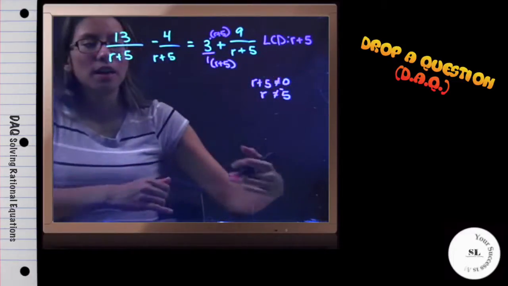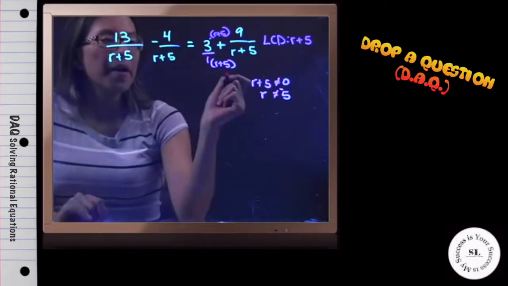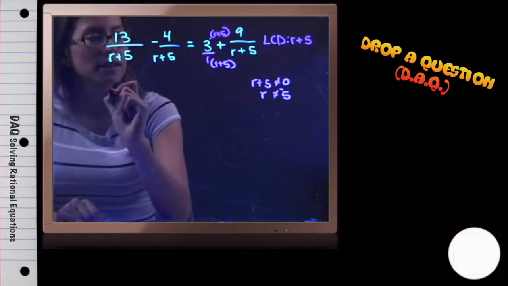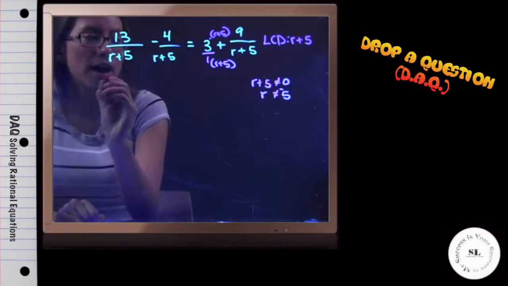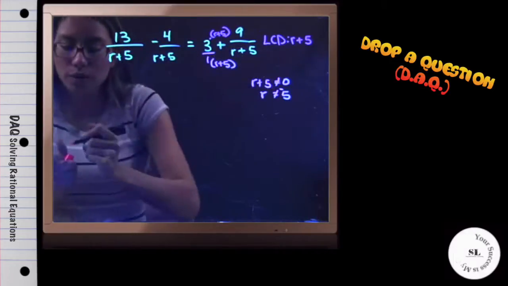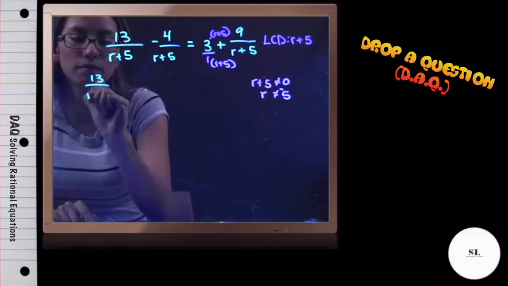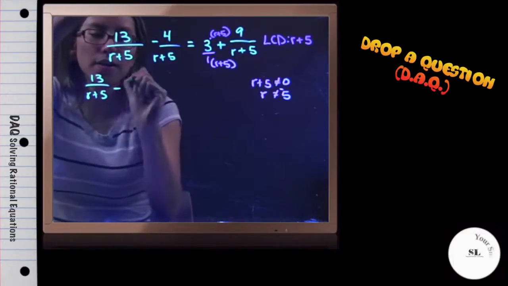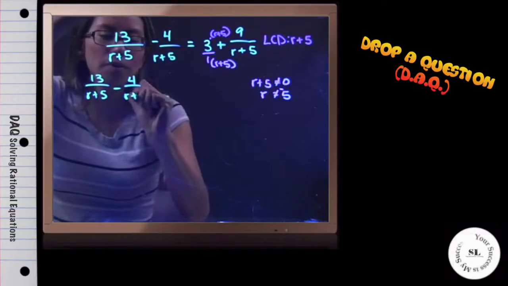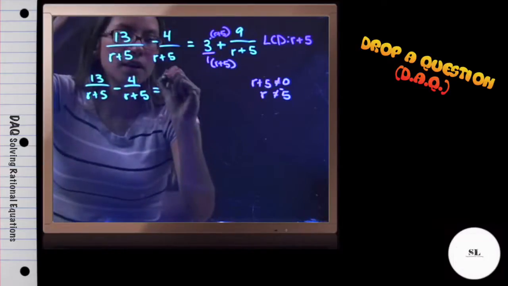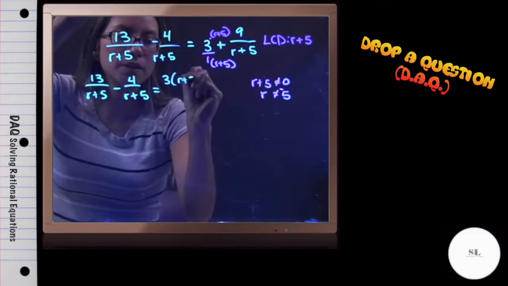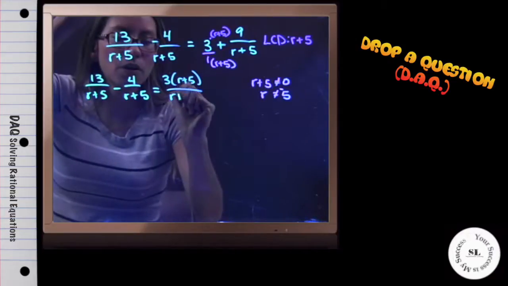This is just something to keep in mind on the side. You can do this at the beginning or at the very end of the problem, but we can continue solving through this. And so now, once we have everything the same denominator, we'll have 13 over r plus 5 minus 4 over r plus 5 equaling 3 times r plus 5 over r plus 5.